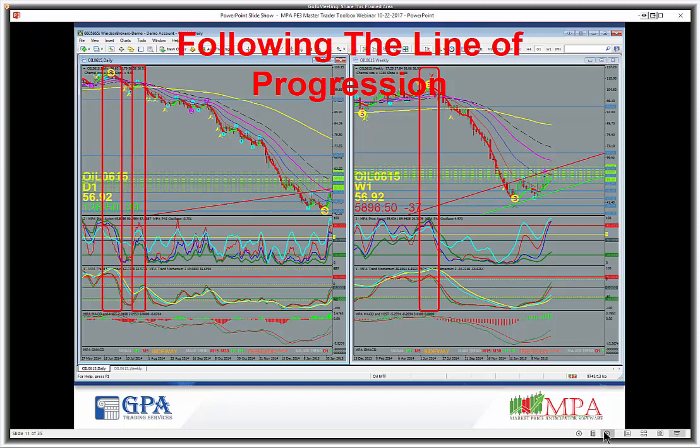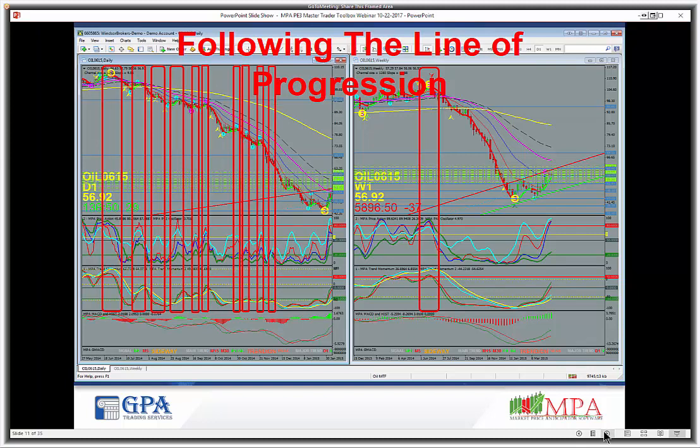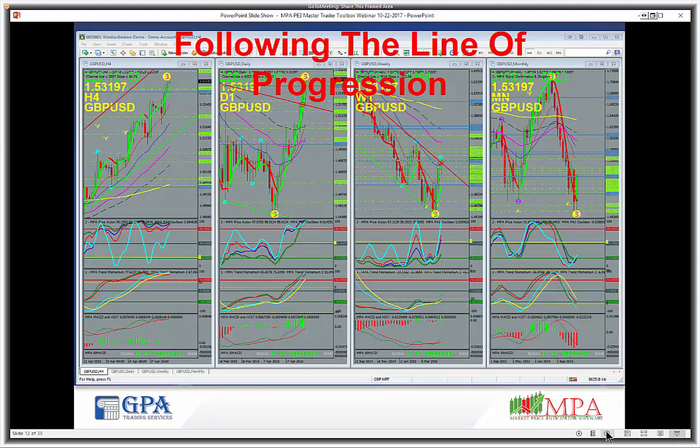And again, you can see the slingshot phenomenon over and over and over, and it just repeats itself. When the higher time frames are moving, the slingshot phenomenon will continue to repeat. This happens to be one of the tools in the toolbox, utilizing the cycling time frames and what we like to call the slingshots. Here's another example on a currency pair.